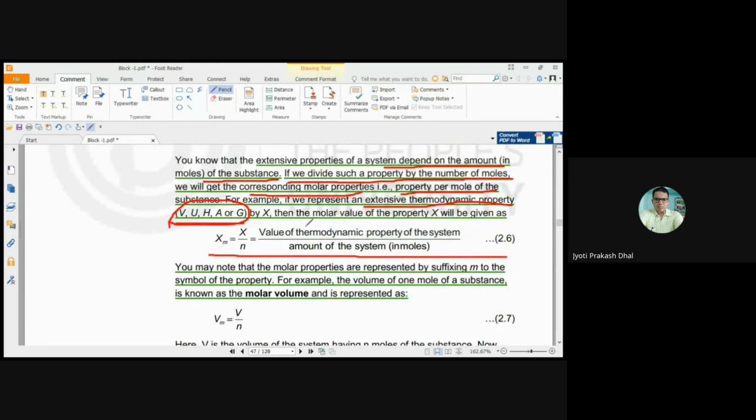So these extensive properties are considered as X, and hence the molar value of the property X will be given by the following.